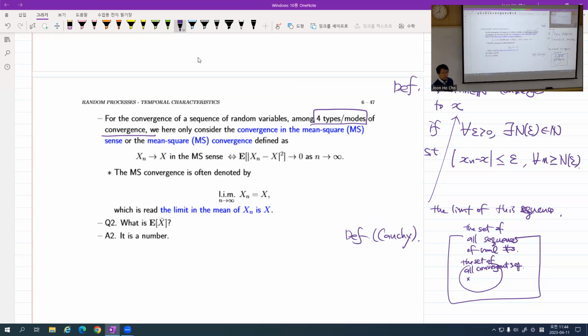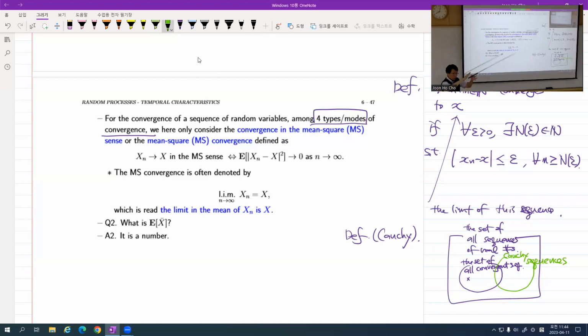The problem is that if you want to use the definition, you must have your target limit in your mind. But Cauchy found something very interesting. He defined some other set. So this is the set of Cauchy sequences.